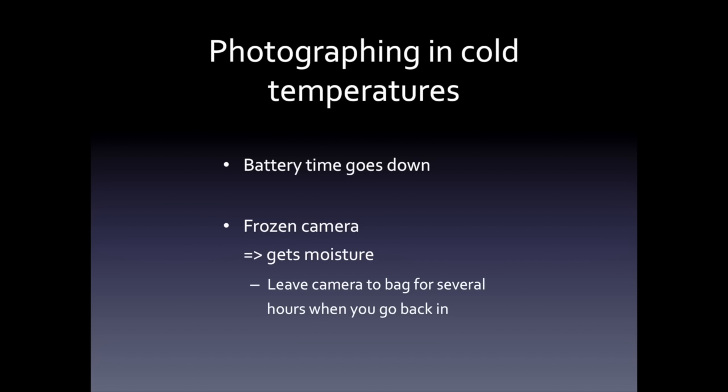If you are in a hurry, you can put your camera in a plastic bag, like a mini grip bag, which you can close, and then the camera temperature will reach room temperature in half an hour, and then you can use it inside also. But don't bring the camera from the freezing temperature just inside, because you can break your camera.